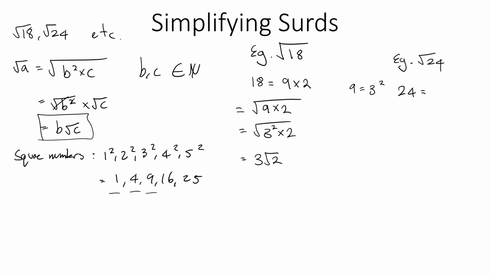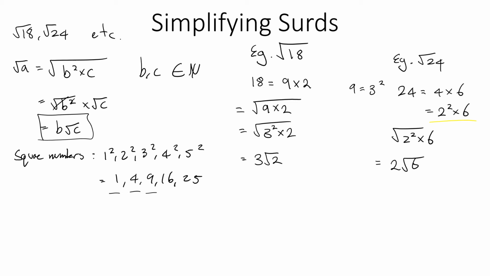And we know that 4 times 6 is 24, and 4 is equal to 2 squared. And now we put this value inside the square root. So the square root of 2 squared times 6 is equal to, take this 2 out of the square root because it has a power of 2. 2 comes out and the 6 stays in. 2 root 6. So basically, that's how you simplify surds.